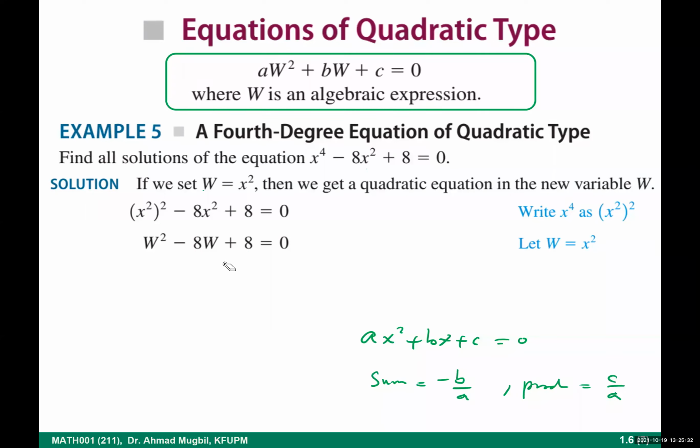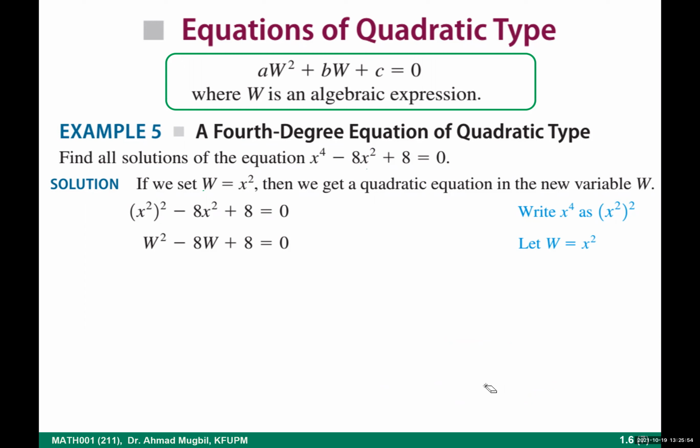So in this case, what should we do? We should solve it for W. Can you factor? Give me 2 numbers whose product is 8 and whose sum is -8. You cannot. -4 and -4, the sum of them is -8, but the product of them is not 8. Always check your factoring, is it right or not?